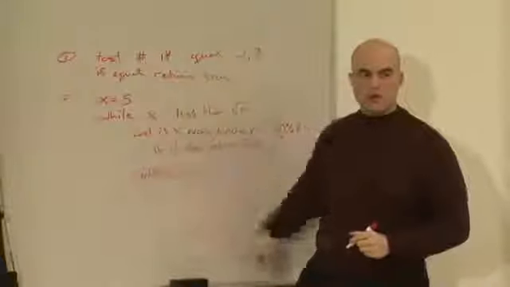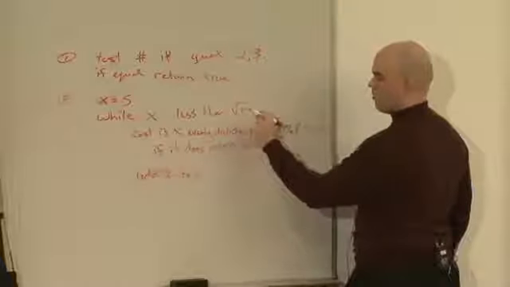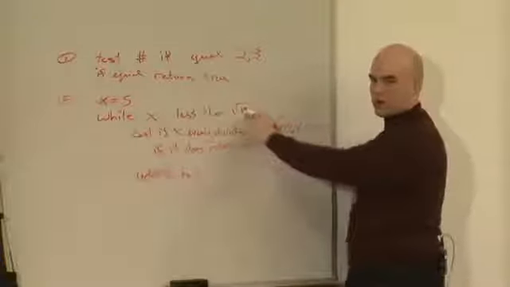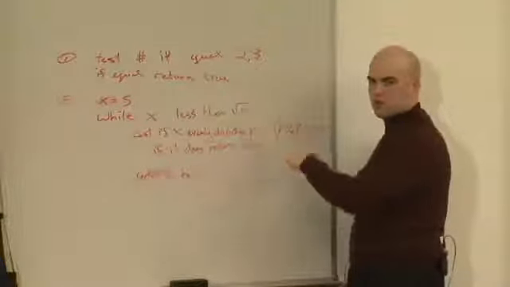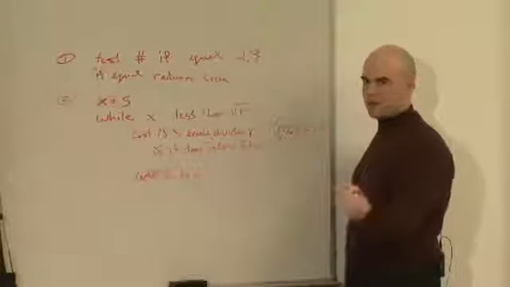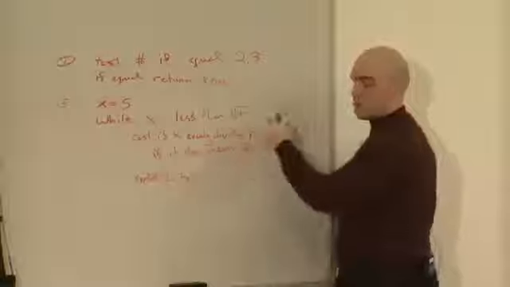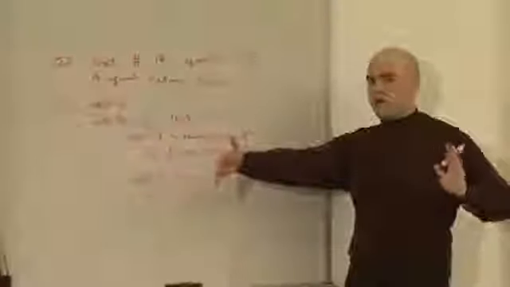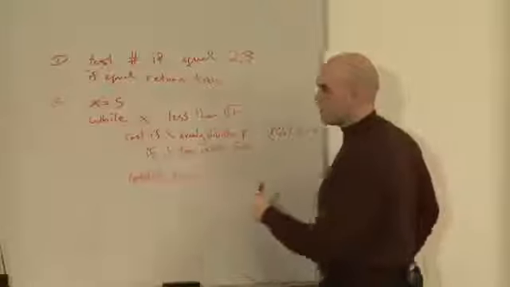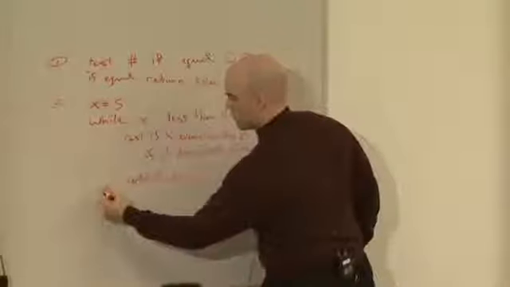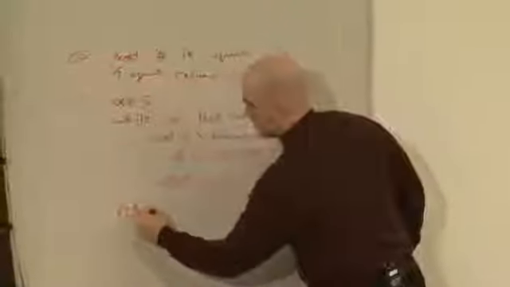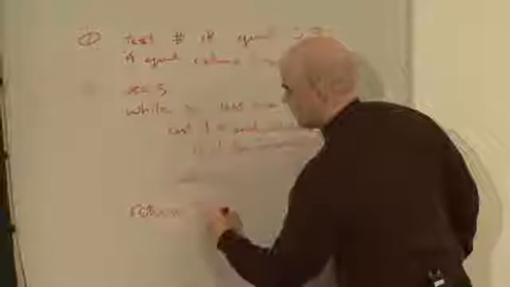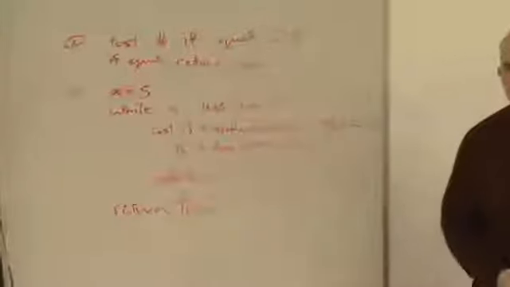And repeat, all right? Then what happens when x becomes greater than square root of n? Well, the while loop's going to stop, and that also means that if I've made it to that point, then I've not found any numbers between 5 and square root of n that will evenly divide n. So that means that n is prime.